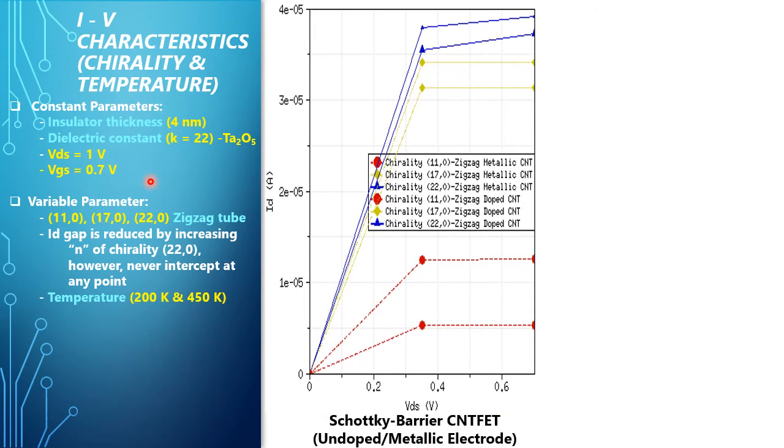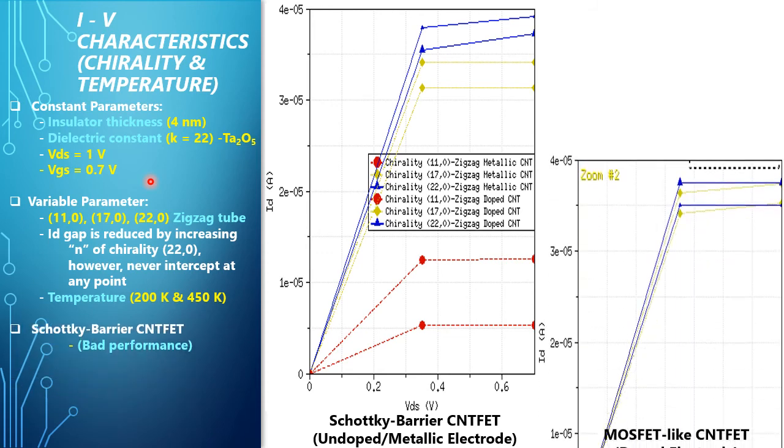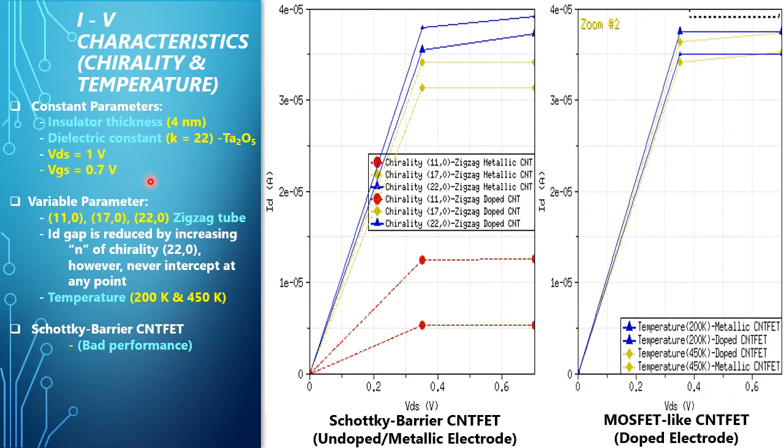perform. This diagram shows both the SB FET and MOSFET like CNT all together. Then the second diagram shows that by changing the temperatures, the current is much higher for the MOSFET like CNT and the SB CNT in here is much lower compared to its counterpart.